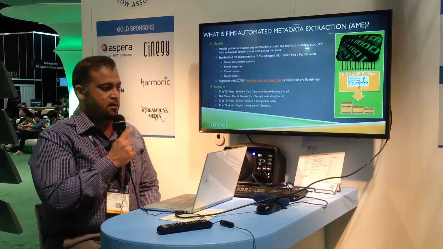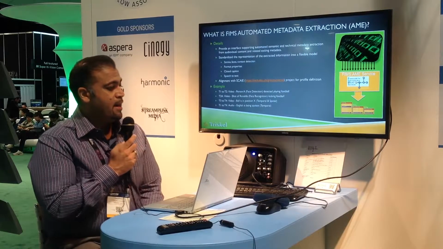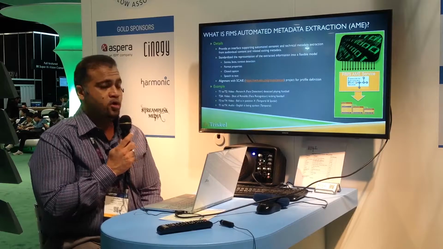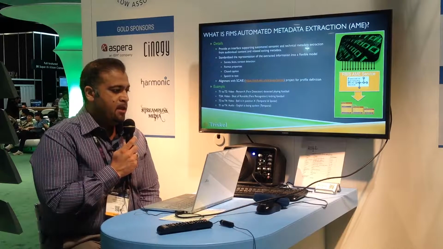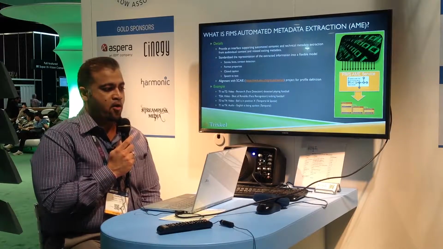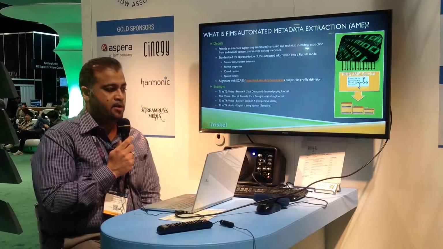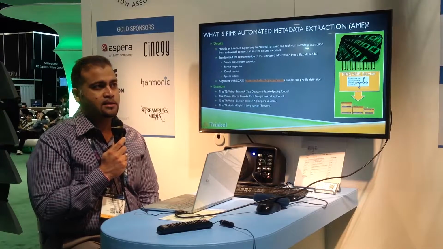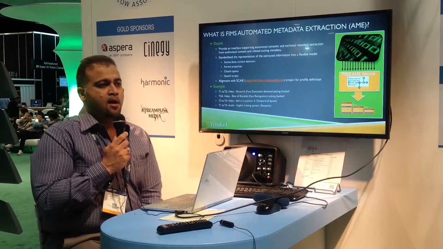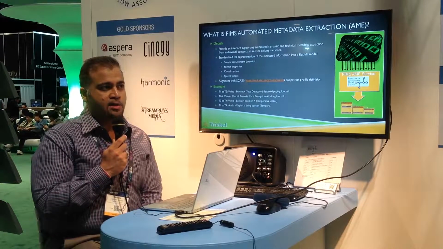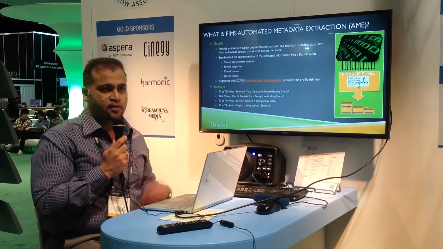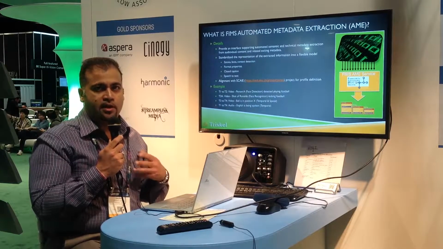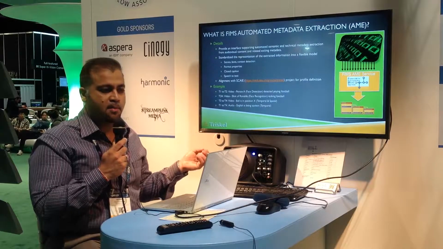So what is FIMS Automated Metadata Extraction, also known as AME? Within the AME, it provides an interface supporting automated semantic technical metadata extraction from audiovisual content. So what does that mean? There's technical metadata such as media info, where you can extract various information off of the physical content, and then store that information back inside the BMO.